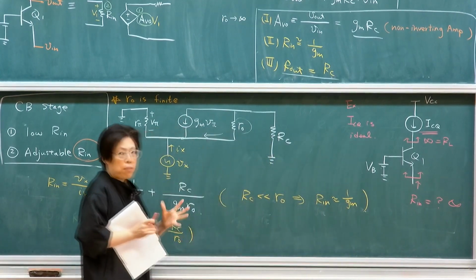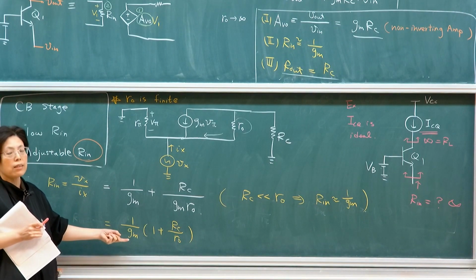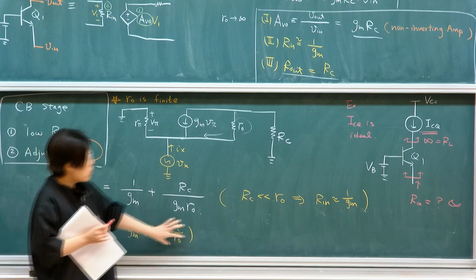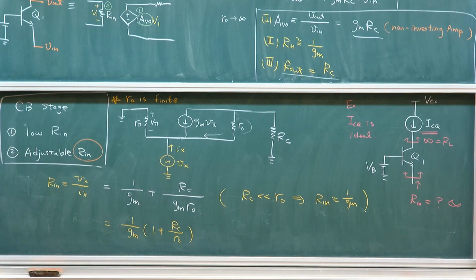So you have to make sure that your environment actually ensures that you still have 1 over GM. It's not necessarily always 1 over GM when you need to consider the loading effect, your loading resistance effect.